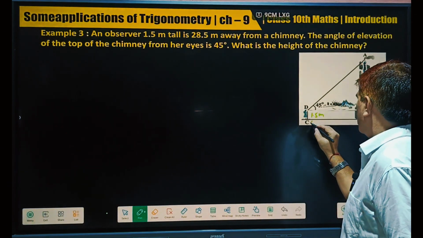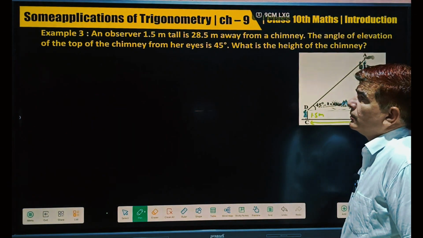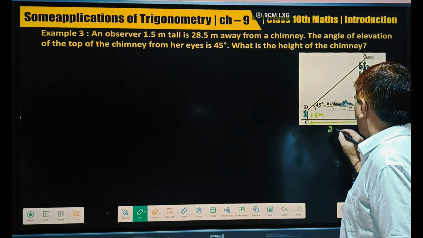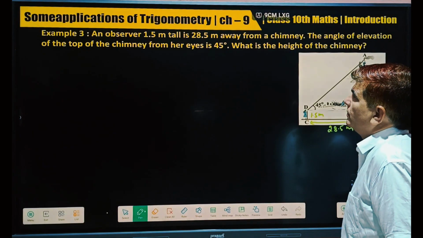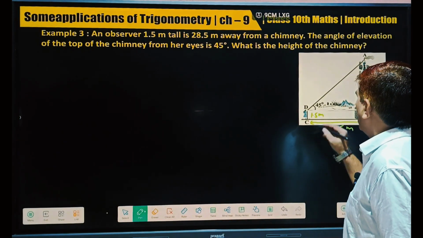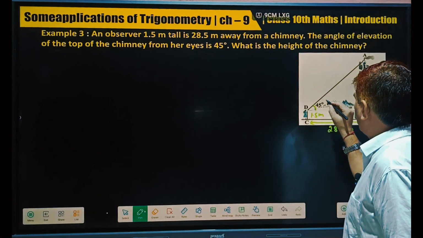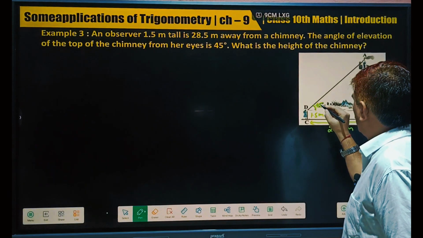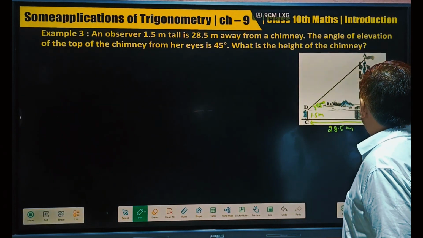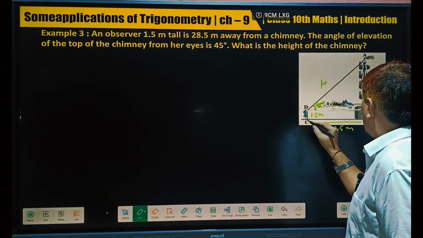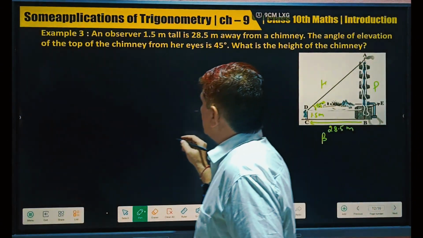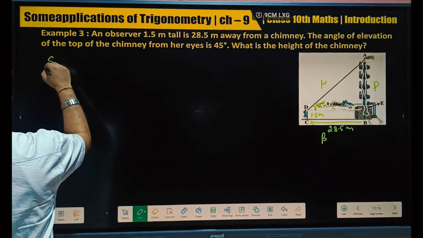And this distance is 28.5 meter. Understood? It is making how much degree angle? 45 degree angle. So this is perpendicular, this is base, and this is BC. So understood? Now solution.